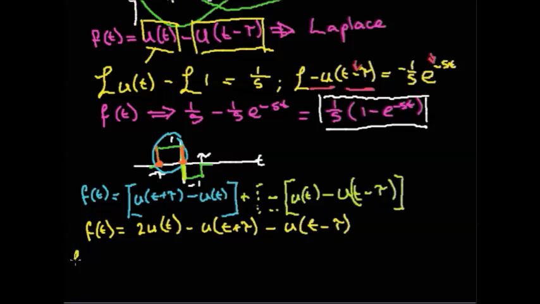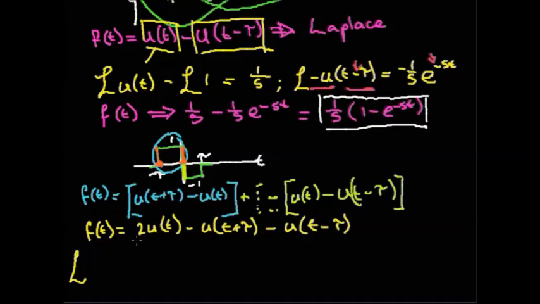So we're now going to do the Laplace of that. And so let's start with this one here. We'll do a different colour, shall we? Yeah, we'll do that colour. So the 2 u of t, remember before I had a single u of t up here, which gave me 1 over s.